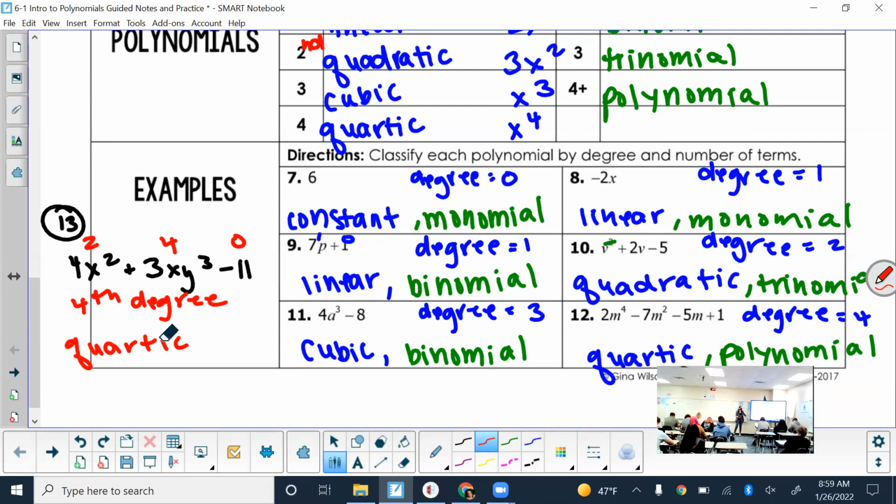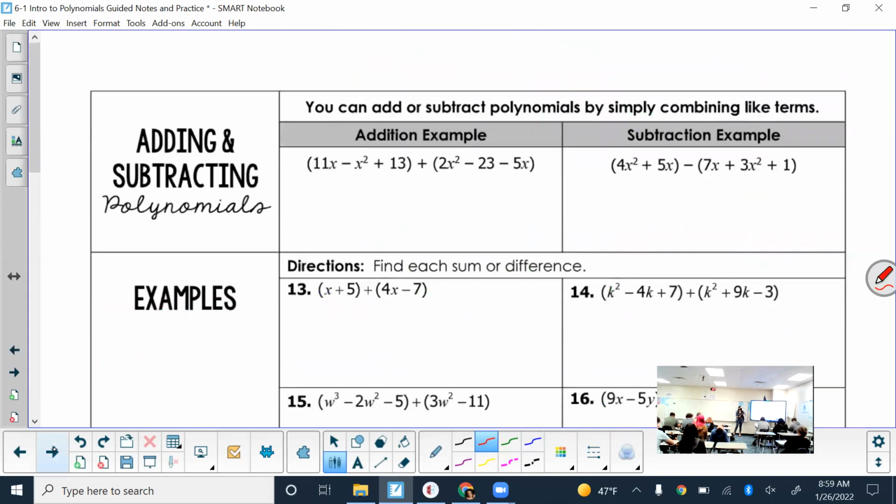All right, so now the backside. We're almost finished, don't worry. The backside is kind of like stuff that we've done before. So we are going to be adding and subtracting polynomials together. They just use polynomials generally, but we have this trinomial being added to this trinomial.